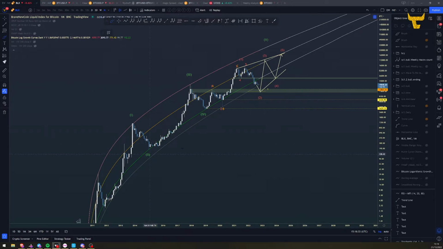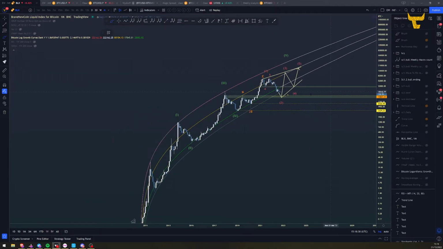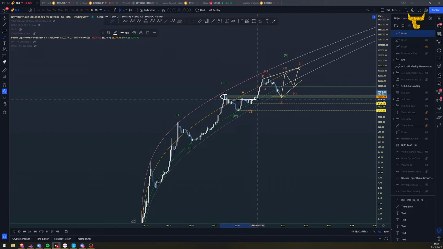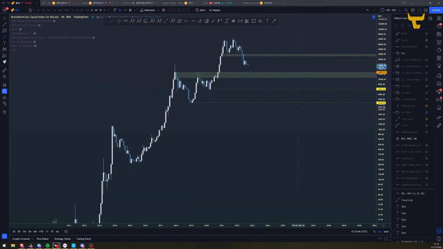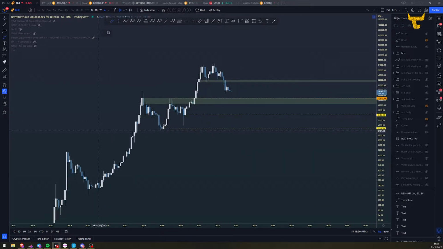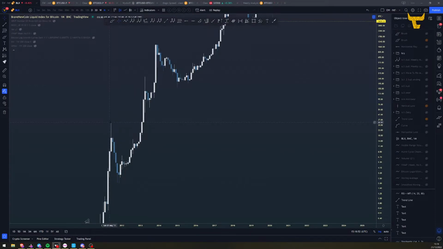So that will allow us to just retest that area, simply based on a support resistance structure. We never saw Bitcoin retest its previous all-time high.